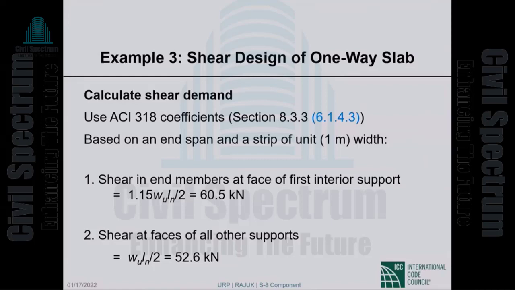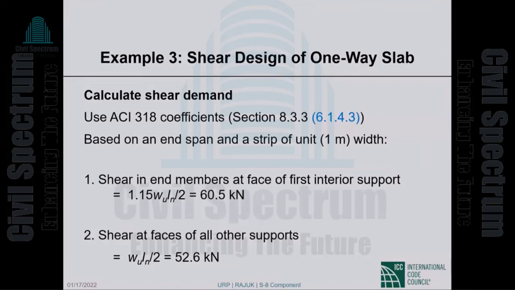Based on an end span and a strip width of 1 meter, shear in end members at face of first interior support is 1.15 W_u L_n over 2.